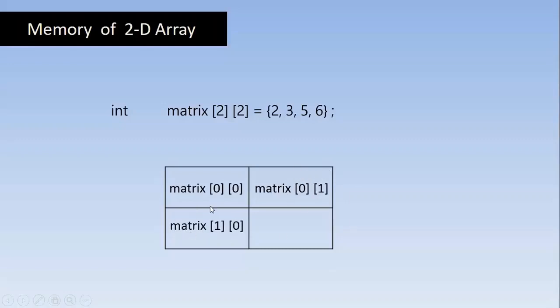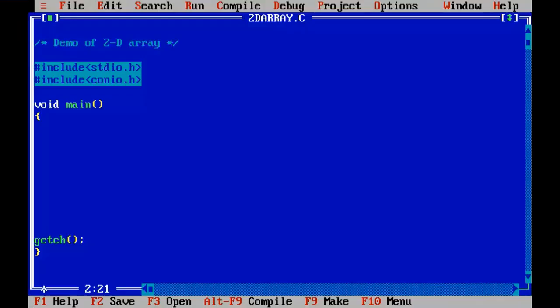Likewise, this is first row, 0th column, first row and first column. So 2 comes to this place, 3 comes to this place, 5 here and 6 here. So it starts from left and starts assigning the numbers into the cells by going towards right. Now let's go and create this matrix having 2 rows and 2 columns, and let's assign these values into that matrix by making use of 2D array.